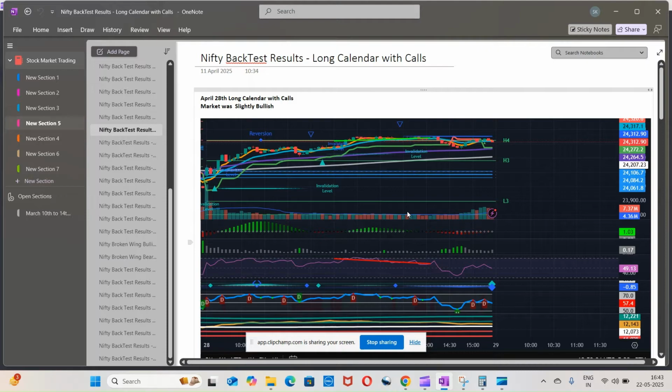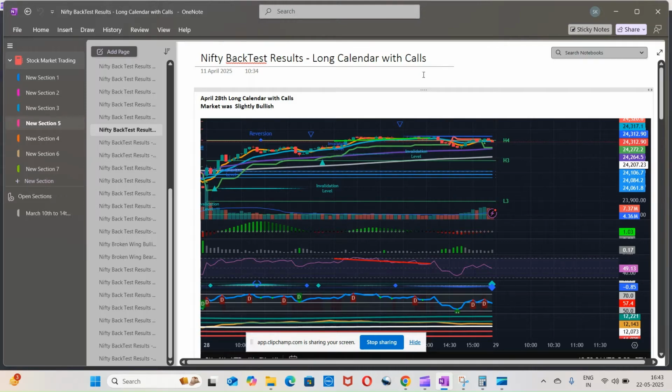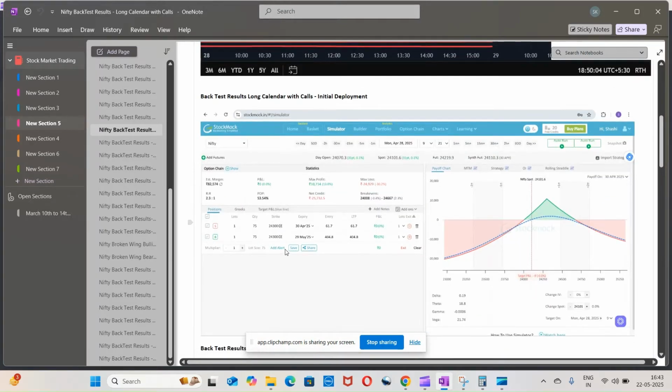So long calendar with calls is another directional strategy, and a calendar with calls will help you during the bullish direction. Okay, so let's do the backtesting. In this long calendar with calls, what you do is, at the money of the current week, you will short, and for the next month, at the same strike, you will buy.